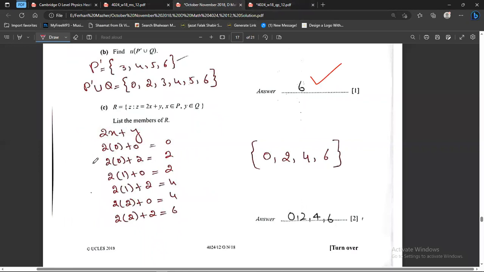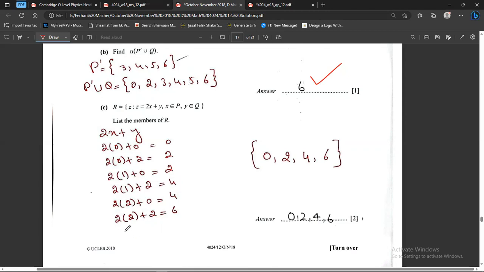Okay, so we have a formula here, 2x plus y. So 2 into 0 plus 0 is 0. 2 into 0 plus 2 is 2. I have taken x as 0 and y as 0 and 2. Now take x as 1, y as 0, then x as 1 and y as 2. 2 into 1 is 2, 2 plus 0 is 2. 2 into 1 is 2, plus 2 is 4.